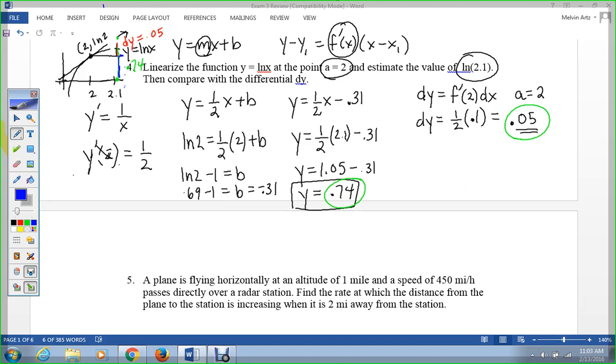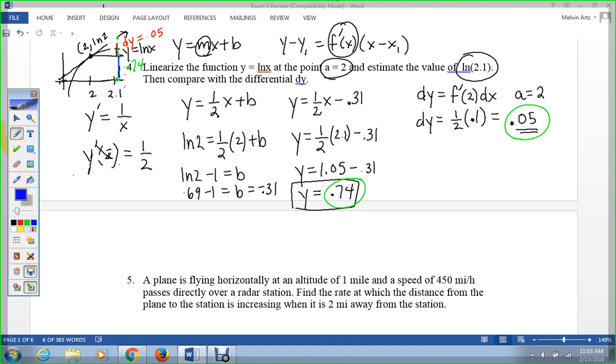All right, let's take a look at the next problem. I know this graph up here is a little bit messy now, and it would be hard to work with that.